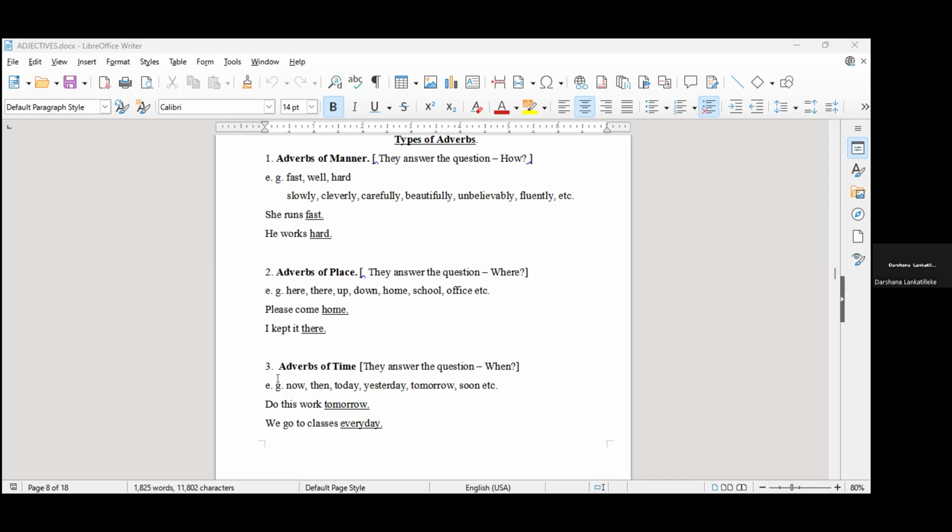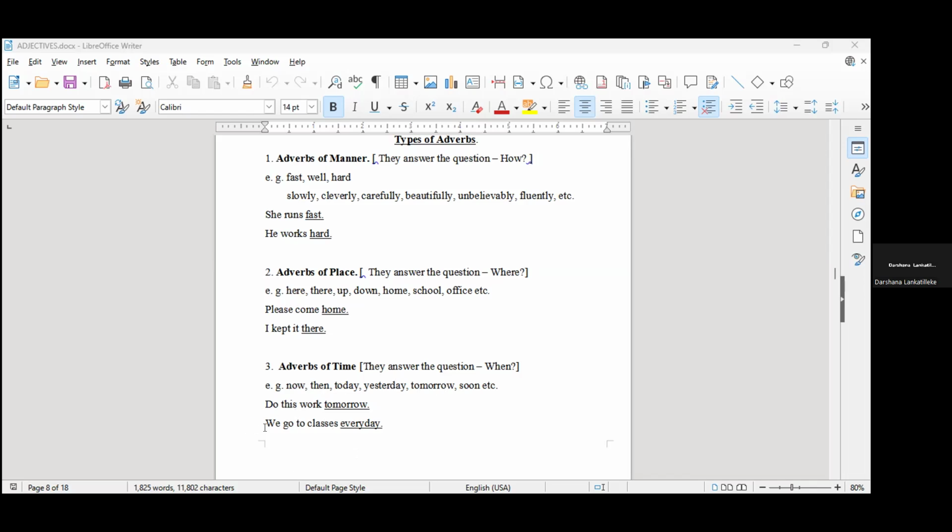So remember, all these words describe the time. Look at the two examples given. Do this work tomorrow, or do this work now. Do this work next week. You can use any word that describes the time.